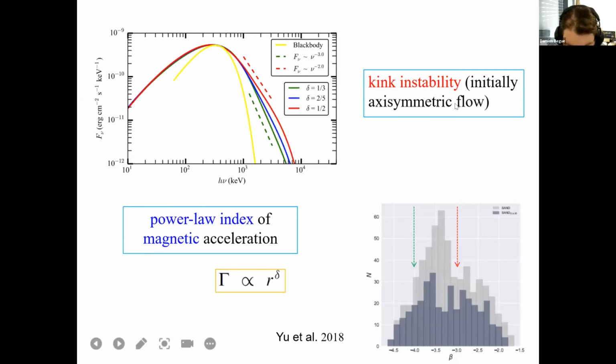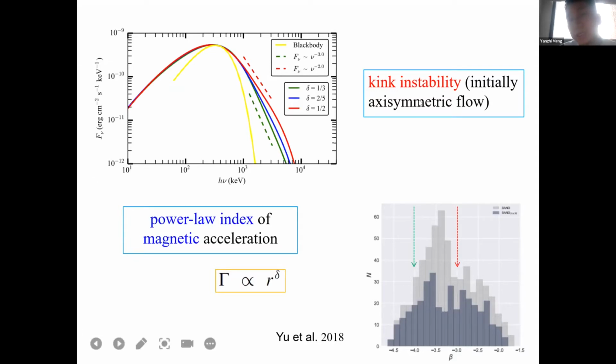This is natural when the jet is injected from the neutrinos. If the rotation axis is different from the magnetic axis, it is normally accelerated by reconnection.